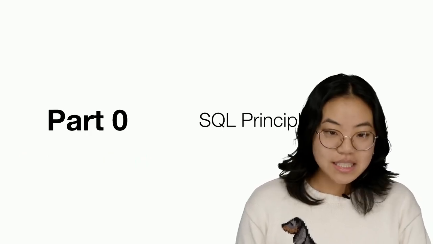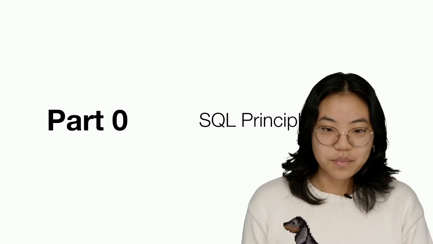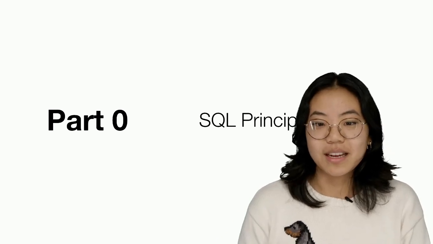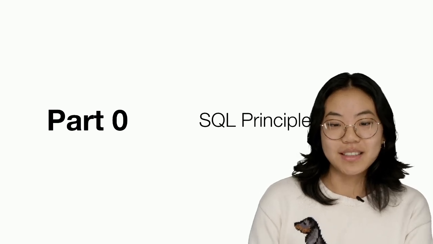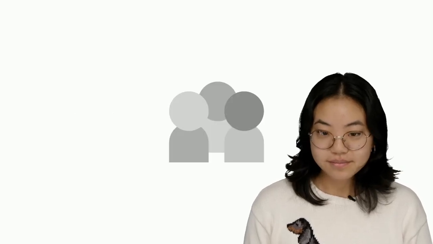To begin with today, first I want to go into just some of the principles of SQL and what it means to create a database before we get into the syntax of how you actually write one. And so SQL is a really good example of how computer science is all about people, right? We're going to be storing a lot of information about people, places, events, things like that.